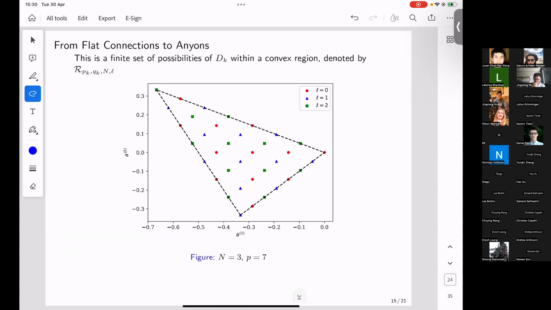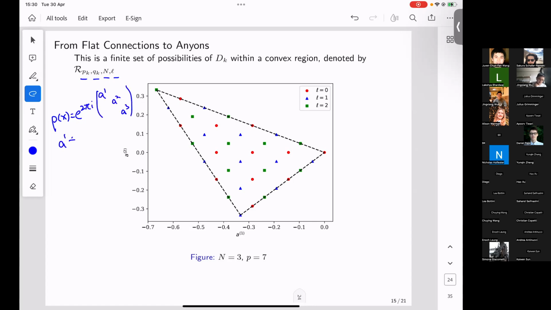If you do that, what you get is actually a finite set of possibilities within a compact region. I will call that region R, that's labeled by P, Q, N, and L. Here I am giving an example for n equals 3. So this is n equals 3, and this is rho of X is e to the 2 pi i, and then A1, A2, and A3.